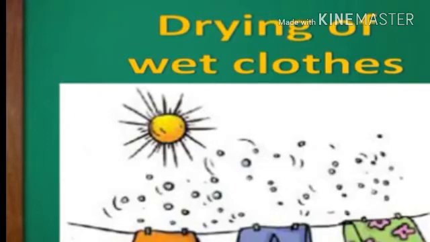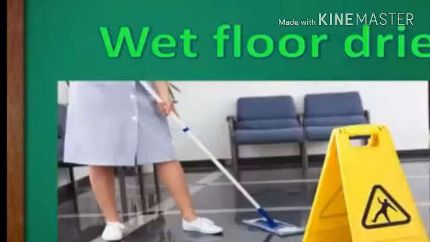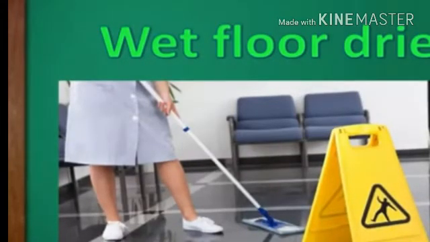Let us take another example: how does a wet floor dry? When you wash and mop it with the cloth, the water from the surface of the floor evaporates and it becomes dry.